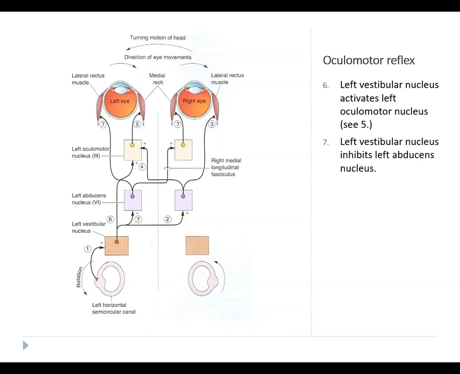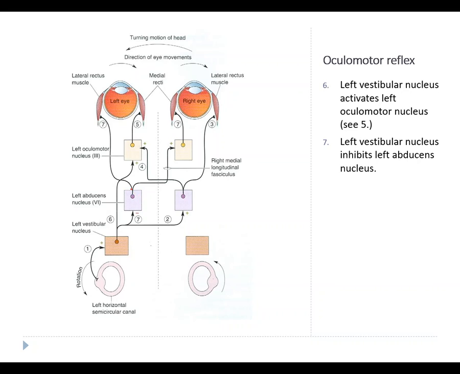Meanwhile, the left vestibular nucleus also has an inhibitory output, so it actually has an inhibitory effect on the left abducens nucleus. So these same axons branch, and some of them are excitatory; if they're on the right side, they're inhibitory when they reach the left side. Again, what matters is the receptor expressed by these neurons.